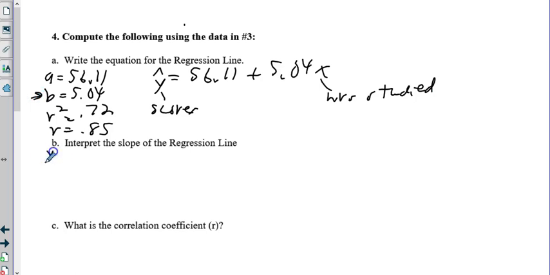So slope is always y over x, y minus y over x minus x. So that means 5.04 over 1. So again, y is scores, and this is hours studied. So we analyze it.